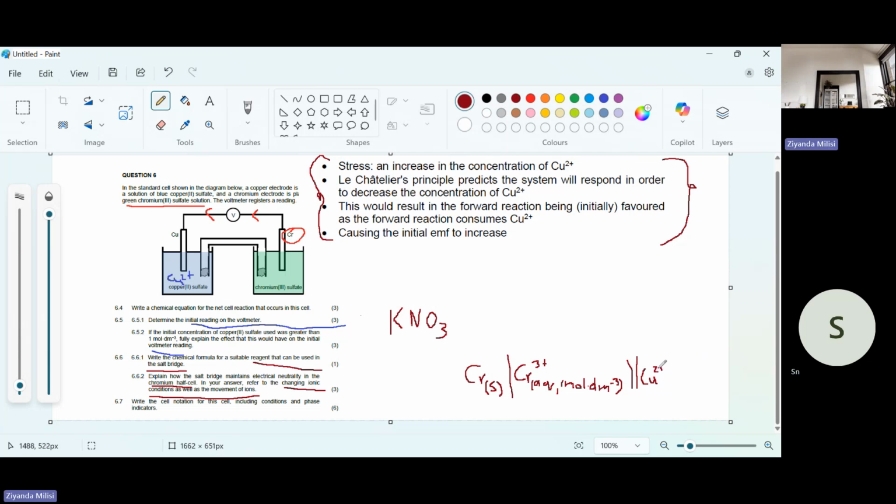It must show reduction, okay? As I write it, because I said it's a cathode, it must show reduction.